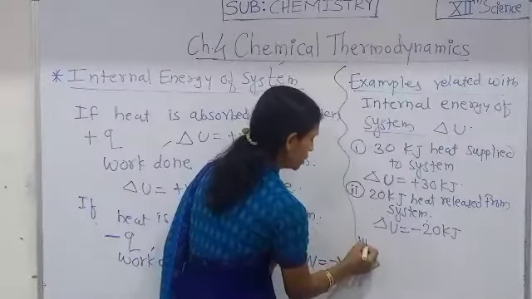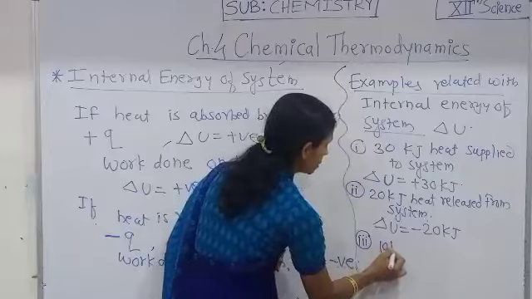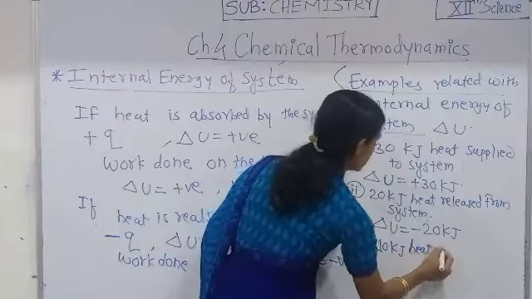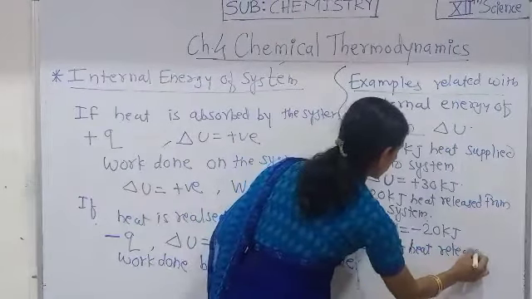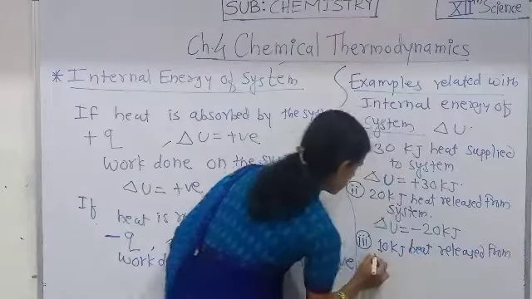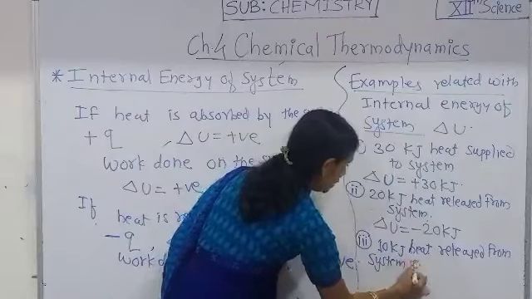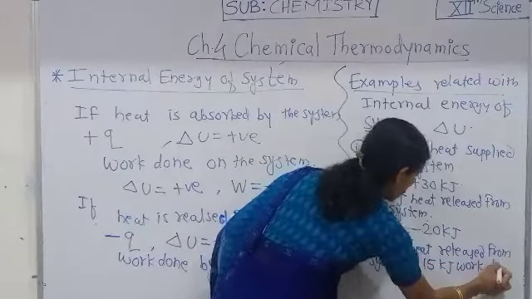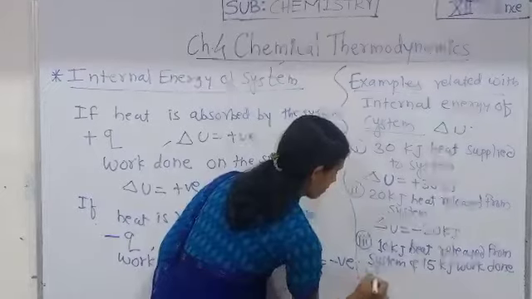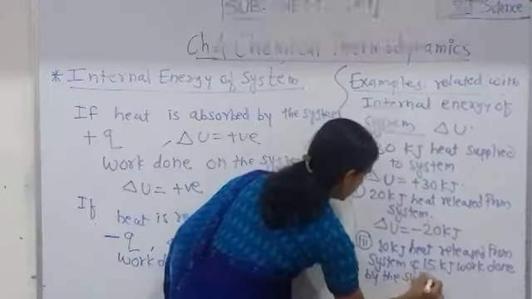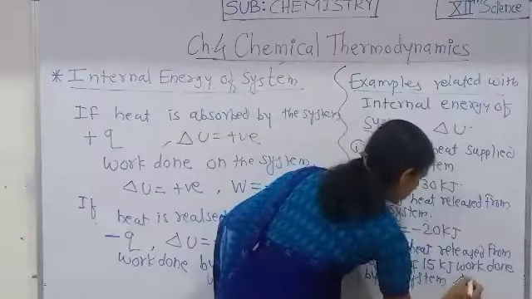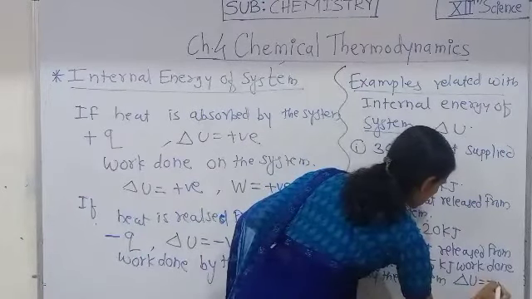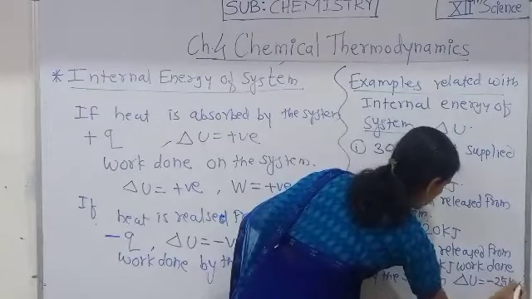And if here 10 kilojoule heat is released from the system, and at the same time 15 kilojoule work done takes place by the system, then here the internal energy of the system is minus 25 kilojoule.